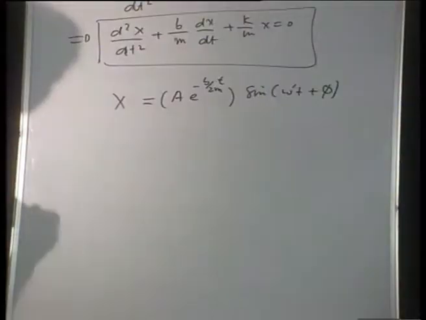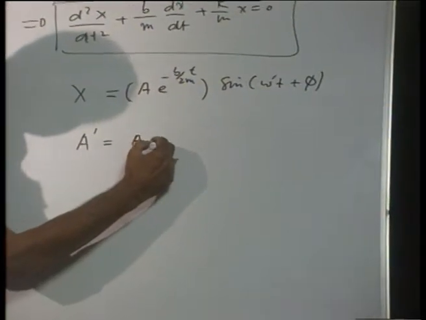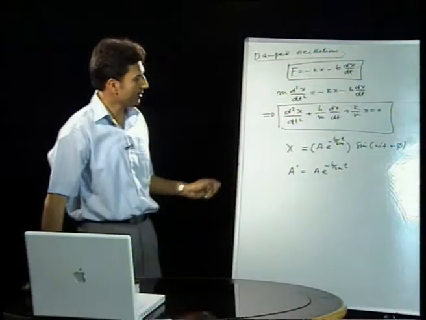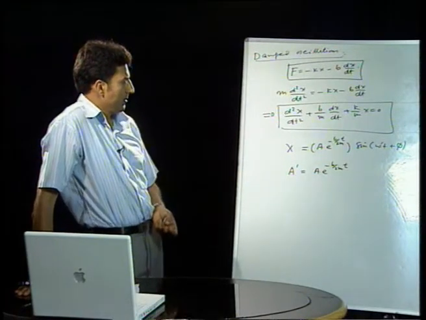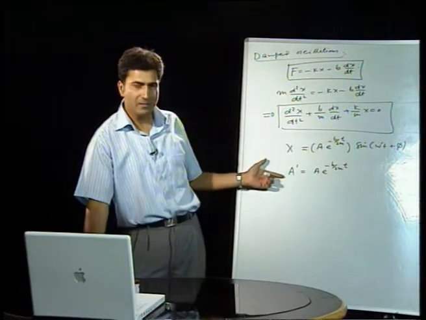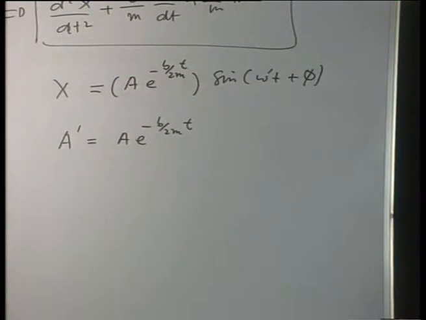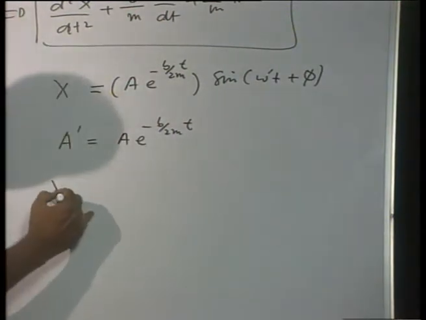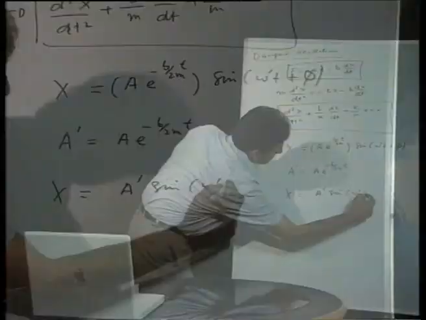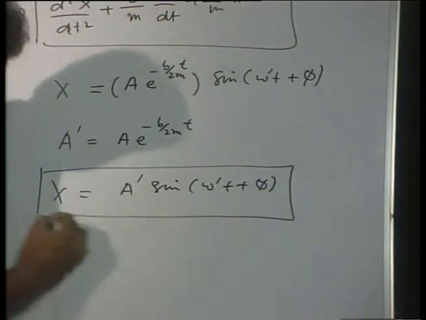If I write A prime equal to A e raised to power minus bt/2m, it is the amplitude of the damped oscillations, which is very clearly decreasing exponentially with time, and x equal to A prime sine of omega prime t plus phi. This is the equation for damped oscillations.